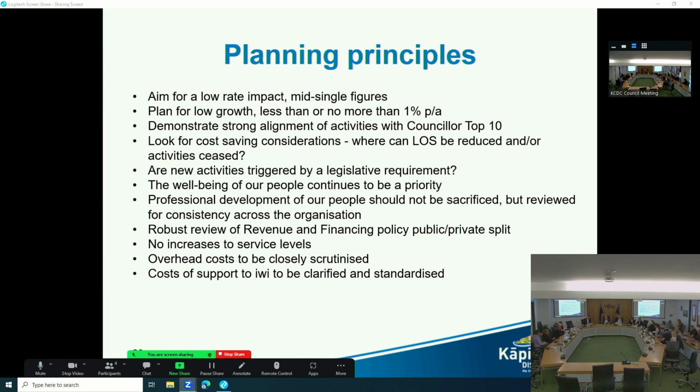Okay. Bullet point 6, the well-being of our people continues to be a priority. That can mean different things to people. But at this point in time, parents and young people are telling me that they need an indoor sports and recreation centre here. At the moment, we're out doing a feasibility study.